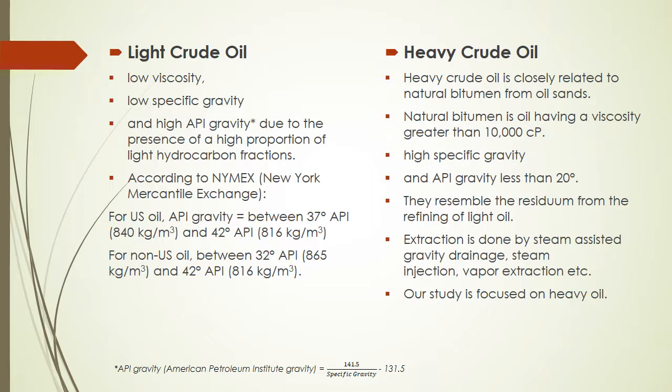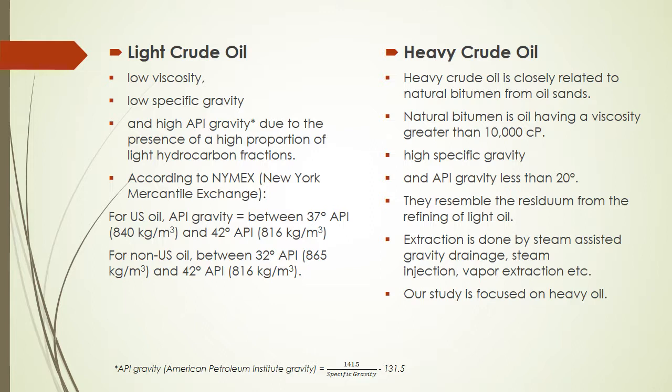Heavy crude oil is closely related to natural bitumen from oil sands, and since natural bitumen has a very high viscosity of around 10,000 centipoise, heavy crude oil has high specific gravity and low API gravity value, and resembles the residue from the refining of light oil. After refining of light oil, the residue remains highly viscous, similar to heavy crude oil.